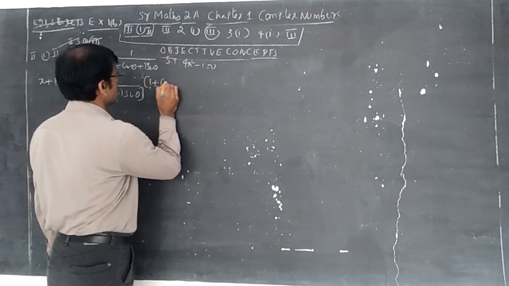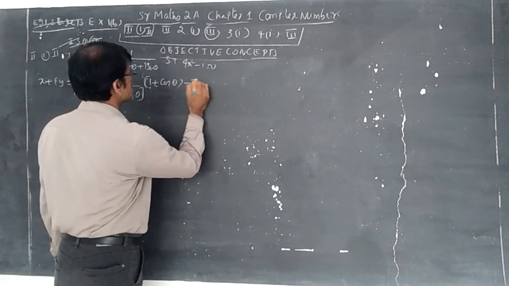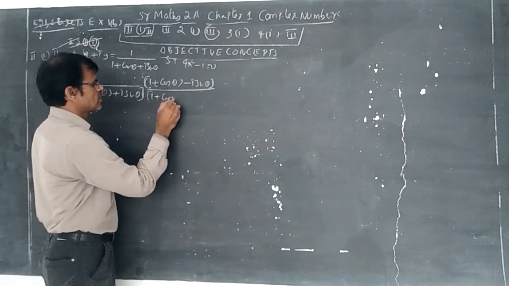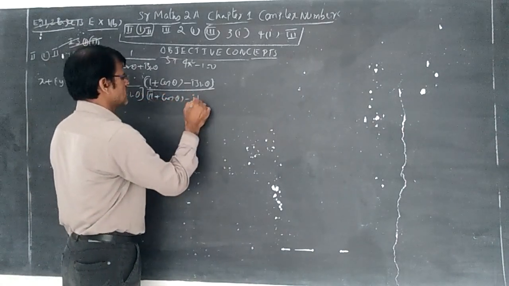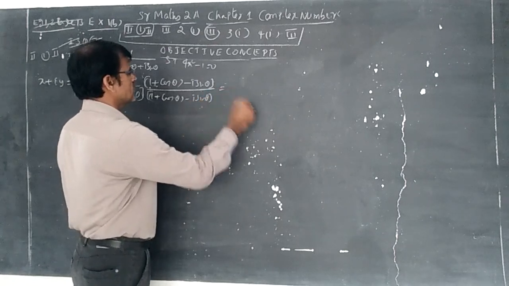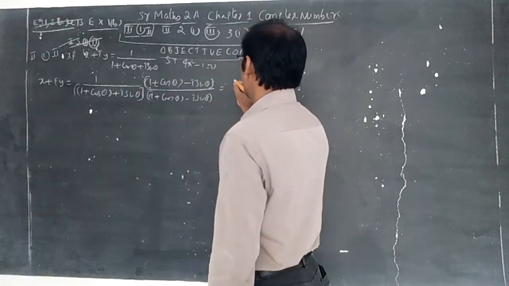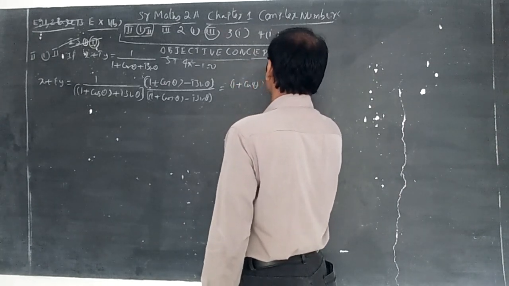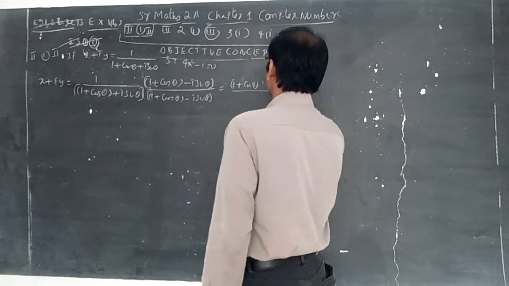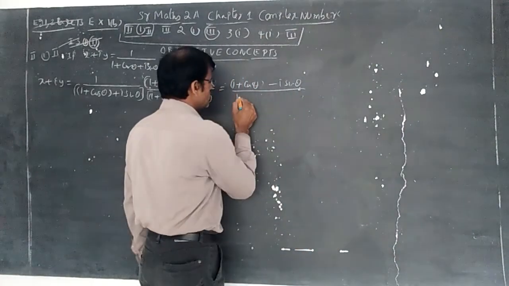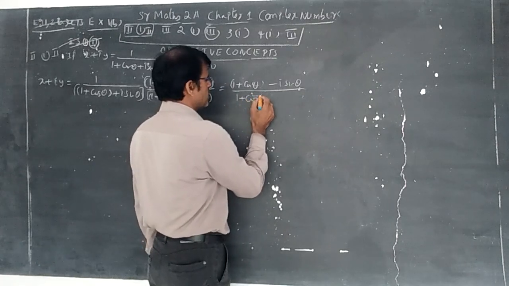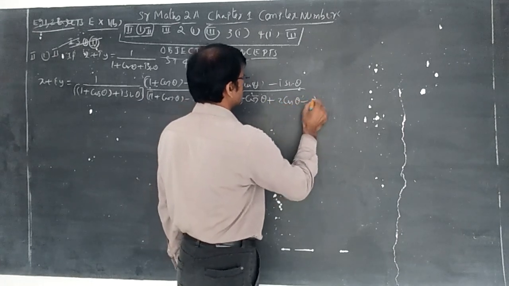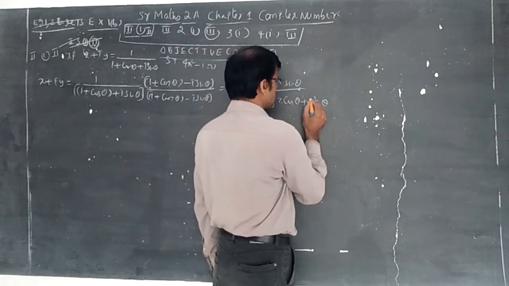So 1 plus cos theta minus i sin theta whole by 1 plus cos theta minus i sin theta, that is equal to 1 plus cos theta minus i sin theta whole by 1 plus cos theta whole square, expand like this, 1 plus cos square theta plus 2 cos theta plus sin square theta.